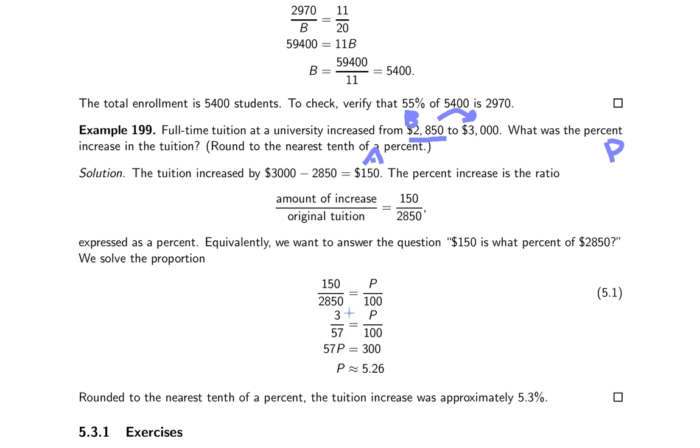Canceling 50s, we get this simpler proportion to solve. Cross products: 57p is equal to 300. P is not a whole number, so we have to do a division. P is equal to 300 divided by 57.